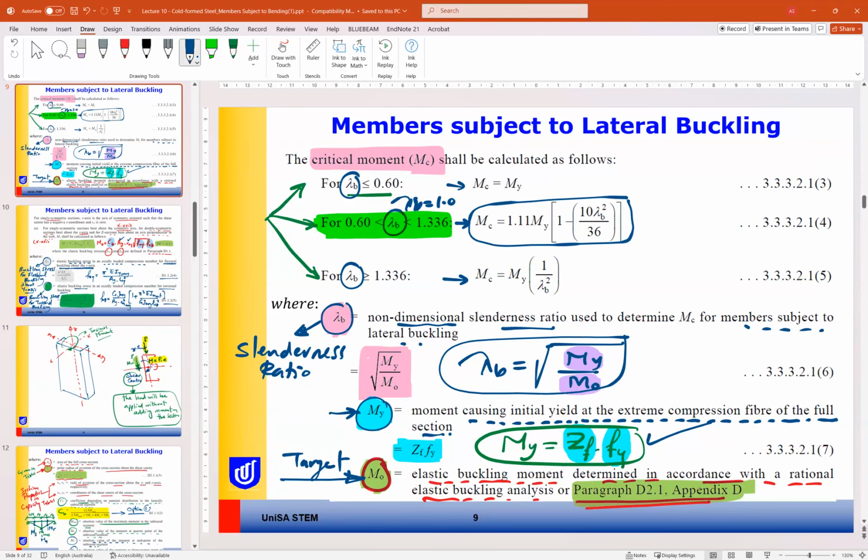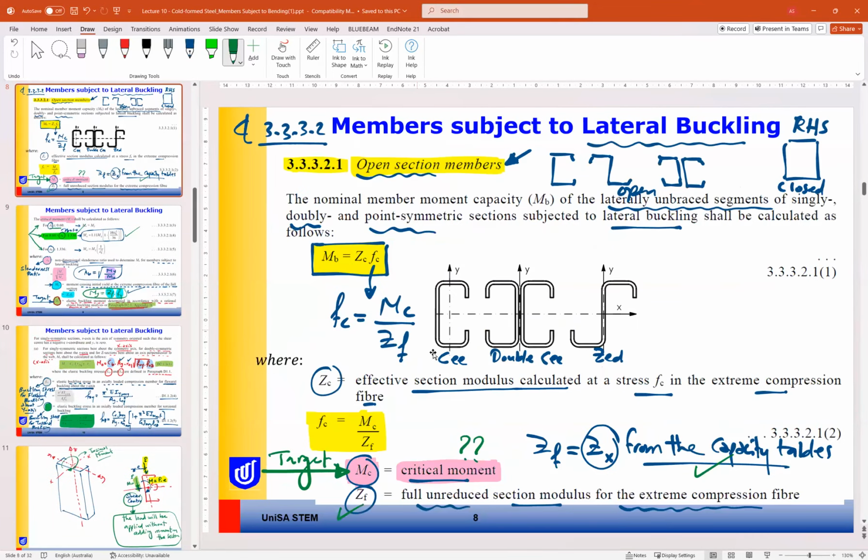So if we know lambda b, we know MC. If we know MC, we go back one more step to find FC. If we know FC, we can easily find MB. Okay? So do you understand this part?